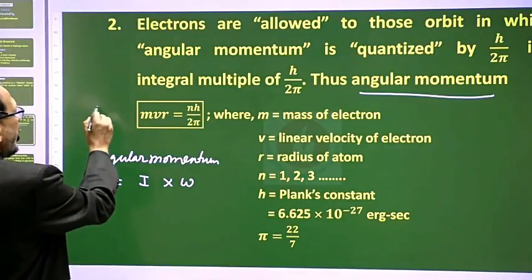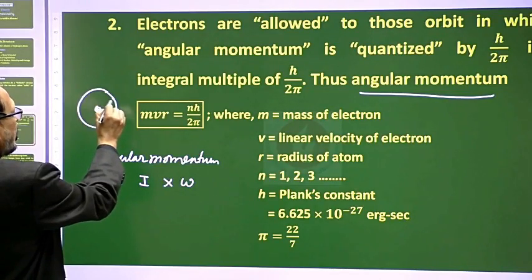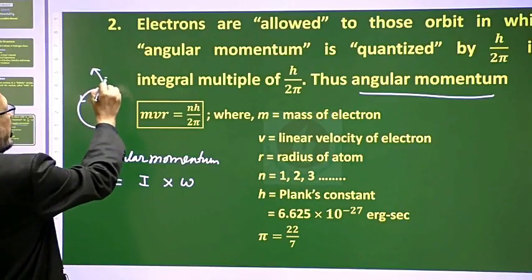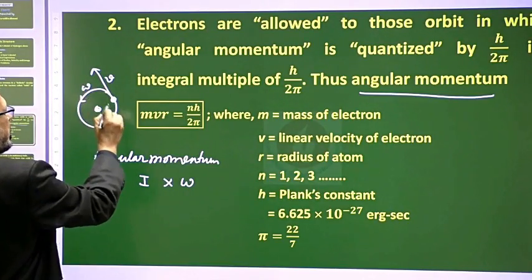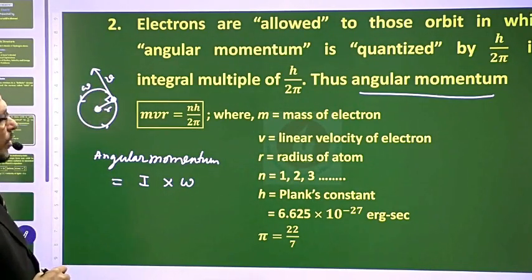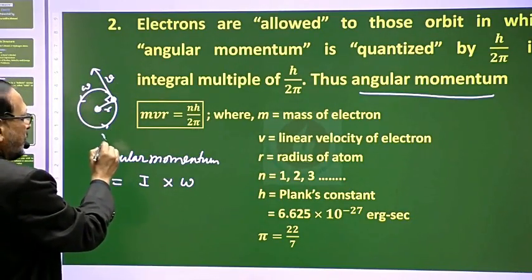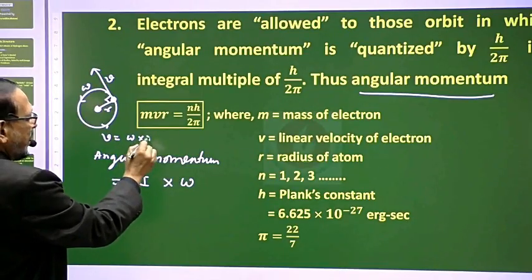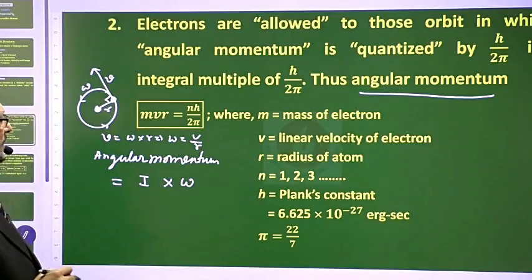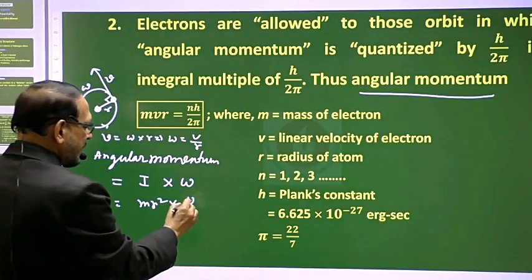Let's say we are considering an atom, and here is the nucleus. When the electron is revolving in the circular path, this is the linear velocity and this is the angular velocity, and r is the radius. The linear velocity is along the tangent, so it is at a right angle to the radius. You know the relation between v and omega: v = ωr, which implies ω = v/r. So the moment of inertia I is equal to mr squared and omega is equal to v by r.